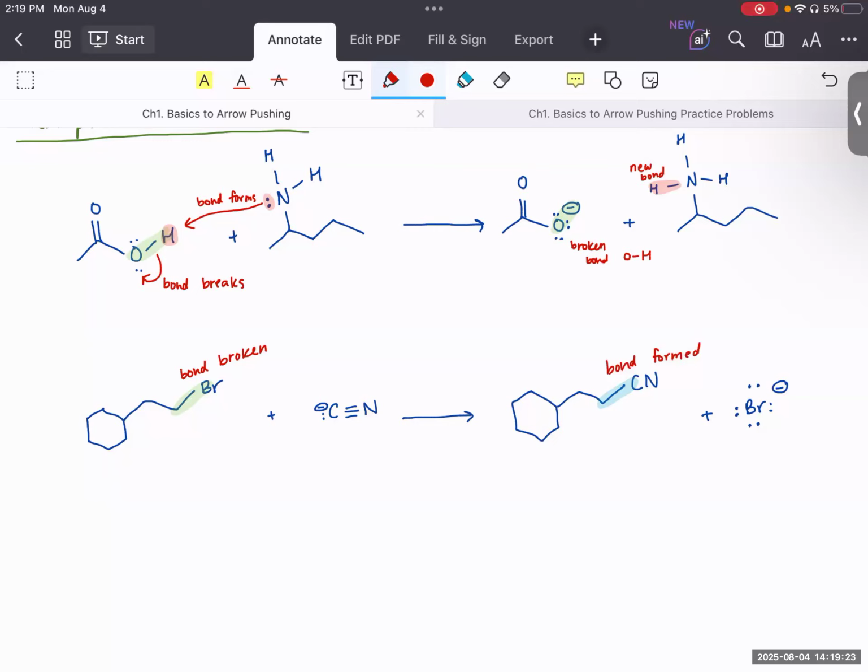I'll highlight them in blue. So those electrons can be used to form a new bond right here. And then the bond that broke is going to be those electrons on the bromine, the ones that I just highlighted in green. So we're going to start to show that the bond broke. We start from the bond and move it over to the bromine to show that those electrons ended up on the bromine.